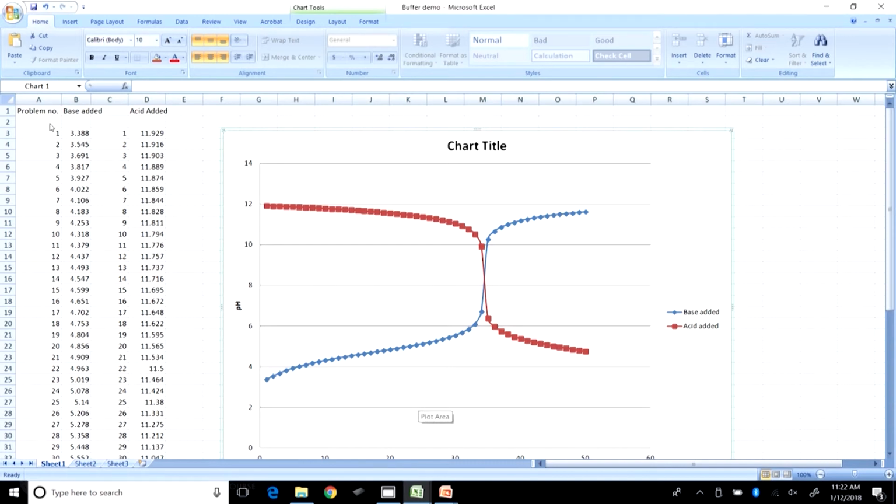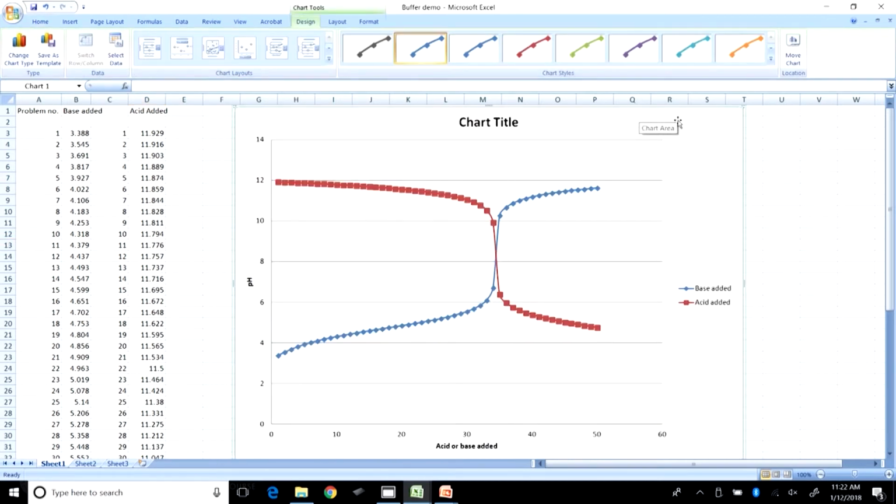So here I have the titration step, 1, 2 and so on. In the first case we have the case where we added the base, these are the results. So we see that the pH increased, and in the second case I have acid added, right, that is why we see that the pH is decreasing. And then I plotted this in this particular graph, and we see pH on the y axis and acid or base added on the x axis. So let us see, the blue color legend is for the base added.